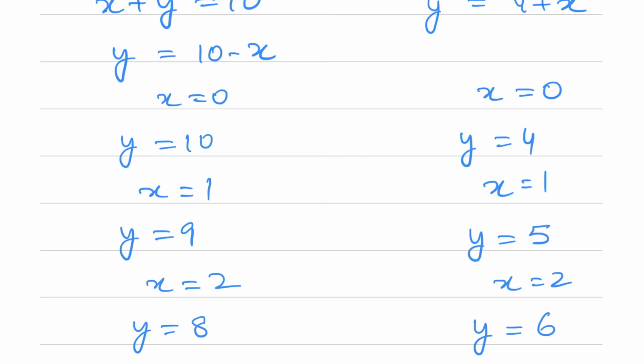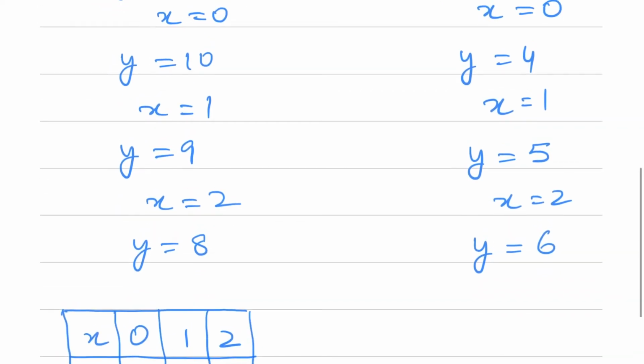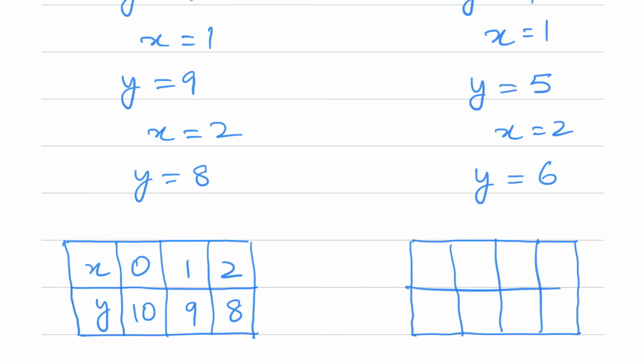So I got the three coordinates here. Let's put this also in table form. So x and y: if x is equal to 0, 1 and 2, I have 4, 5 and 6. Now let's put them on the graph paper.